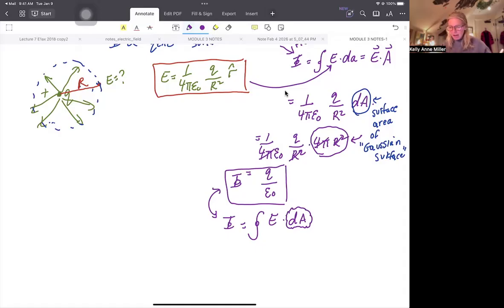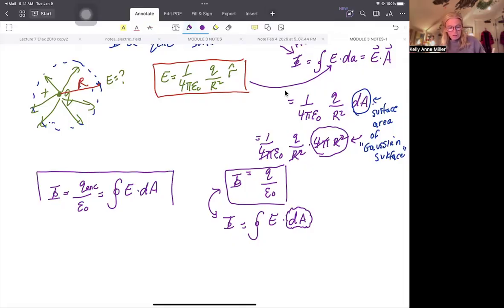Okay, so Gauss's law is just the flux equals Q, and we say Q enclosed. So it's how much charge is enclosed in the Gaussian surface divided by epsilon naught is equal to the surface integral of E times dA. Okay, and this little circle just means surface integral. Okay, and this is Gauss's law.